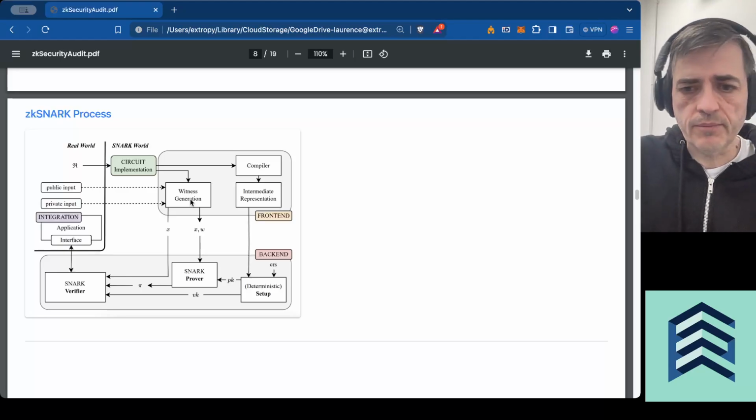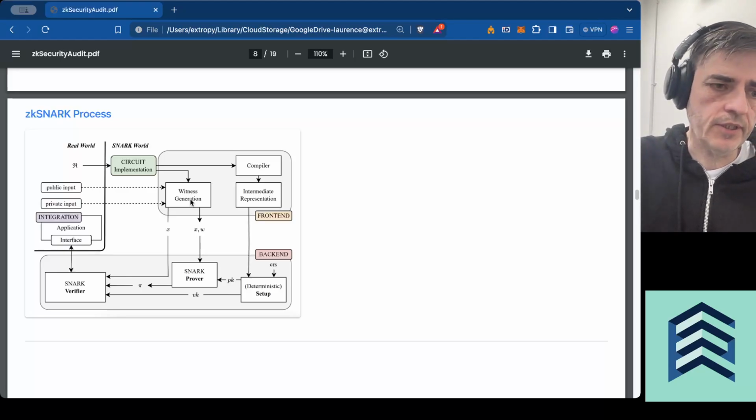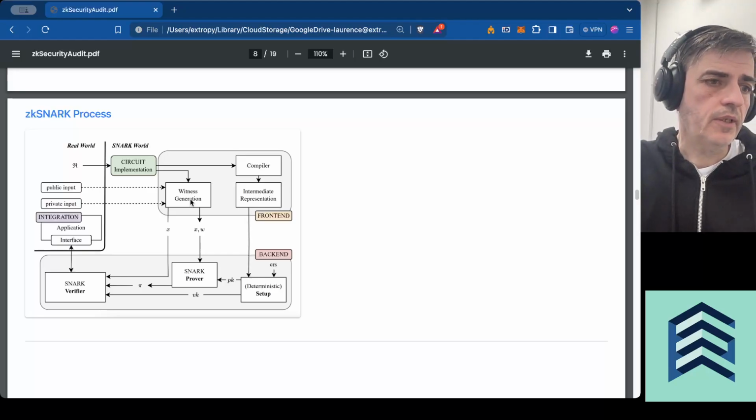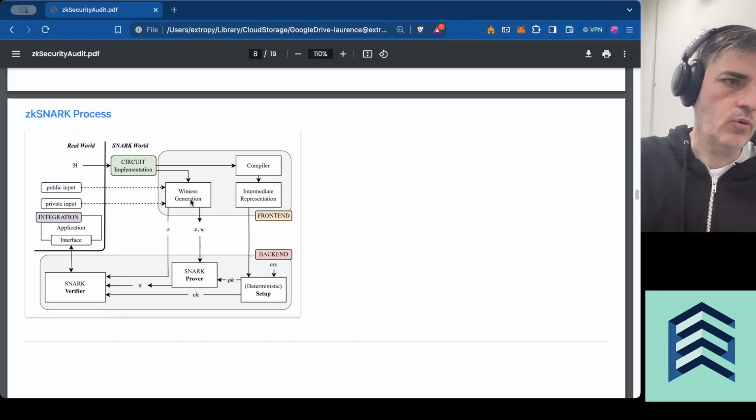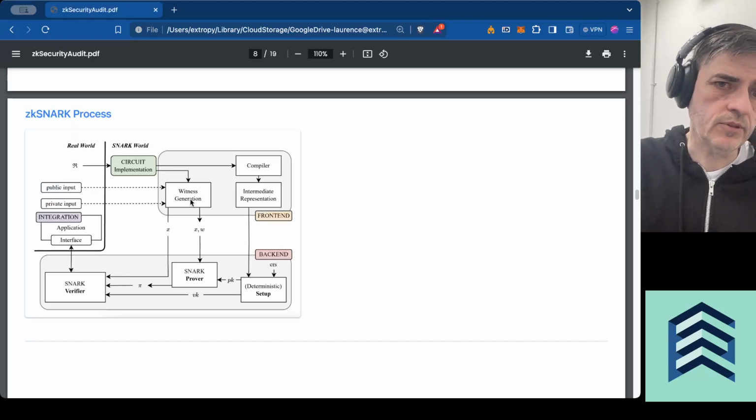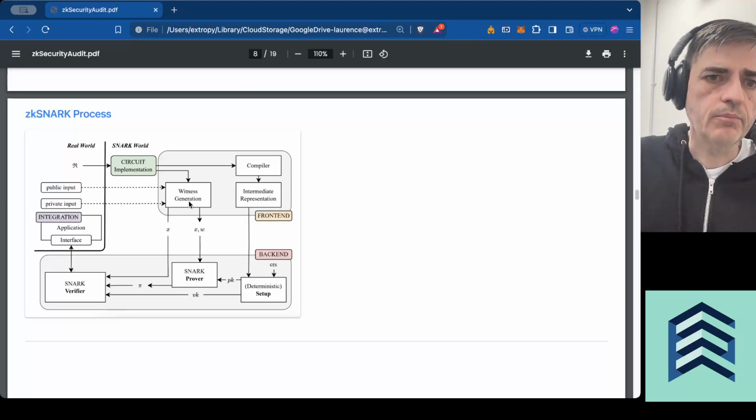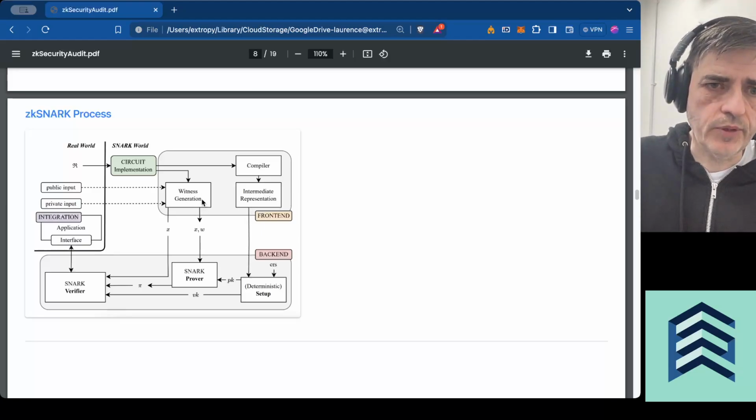So, for example, on layer 2 with the ZK rollups, the witness could be the execution that happened when one of these transactions was run on the system. So it can be quite a complex part. But either way, that is the witness.